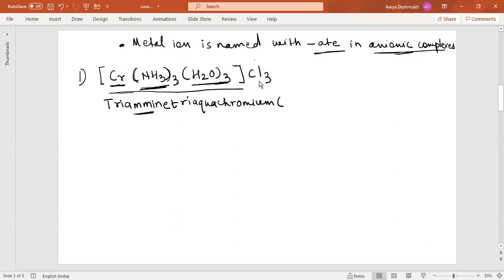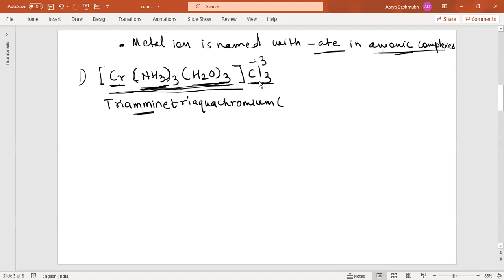There are three chloride ions outside the coordination sphere to balance the primary valence, and the metal atom attached to the ligands is the secondary valence. The charge on these three chlorides is -3.